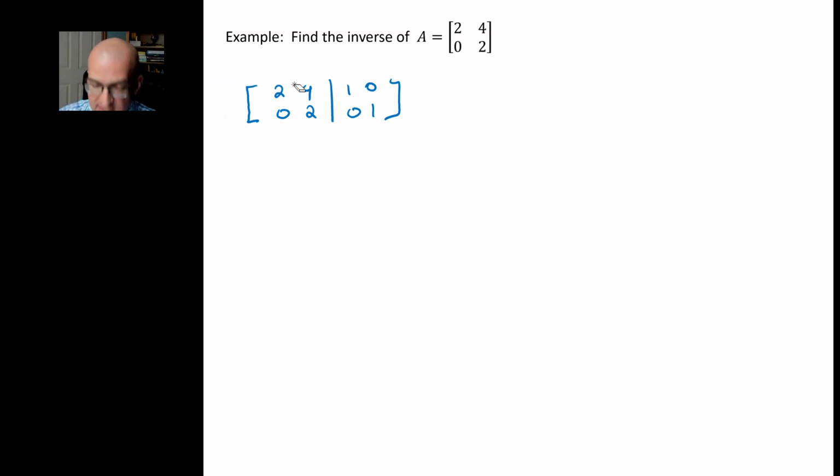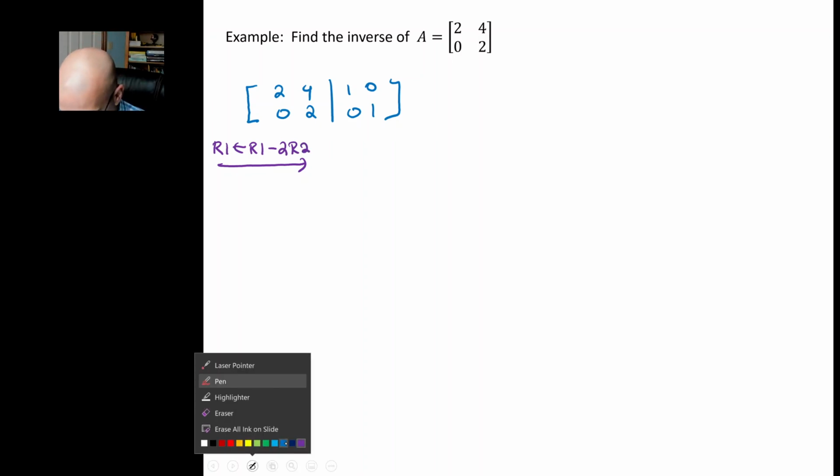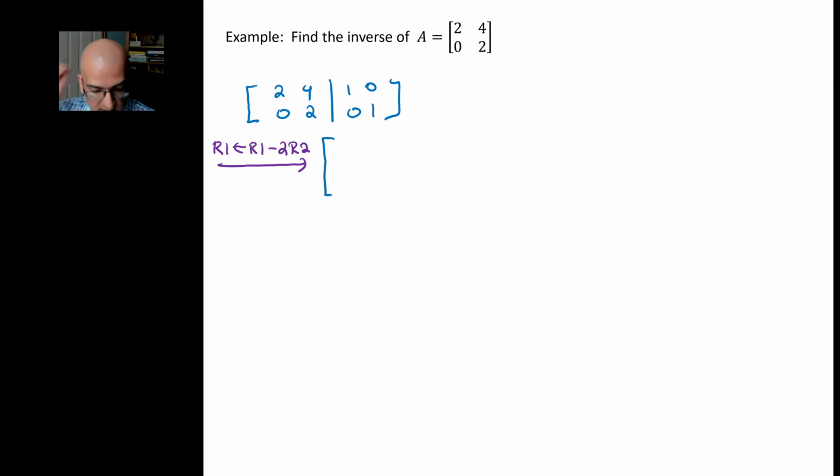So I'm going to play chess against this enemy. I'm going to replace row 1 by row 1 minus 2 times row 2. This is an advanced move. It's thinking 1 step ahead. I want to have that thing to be a 0 waiting for me.